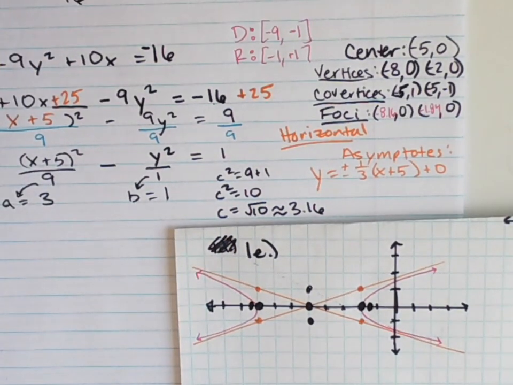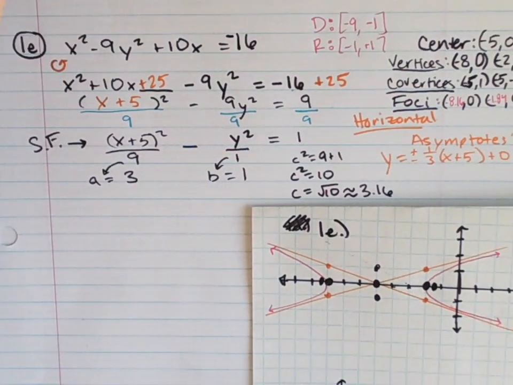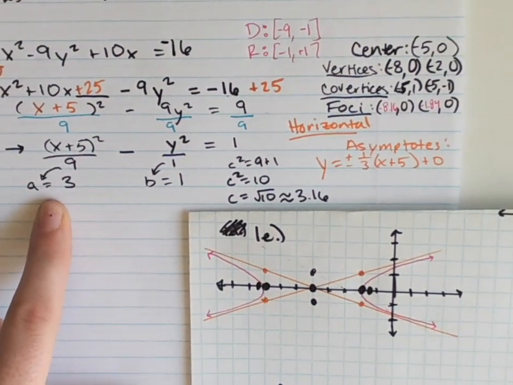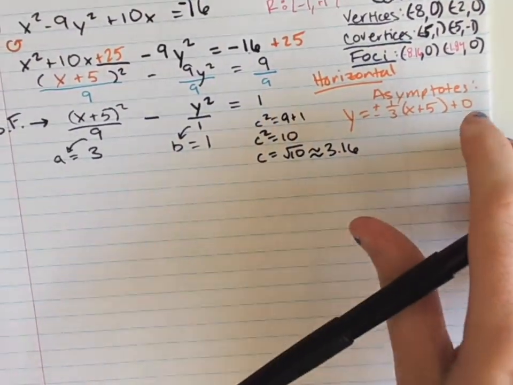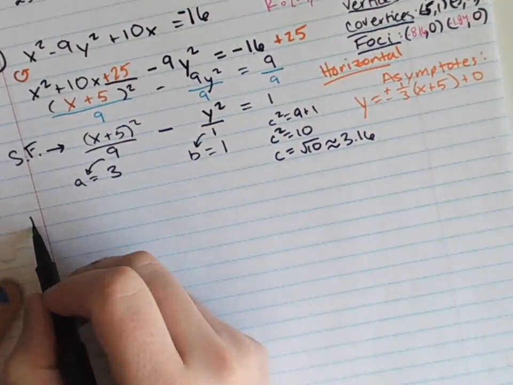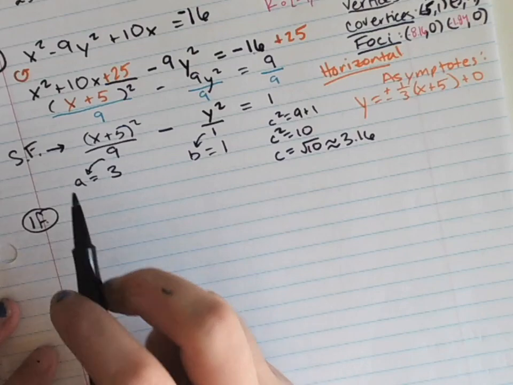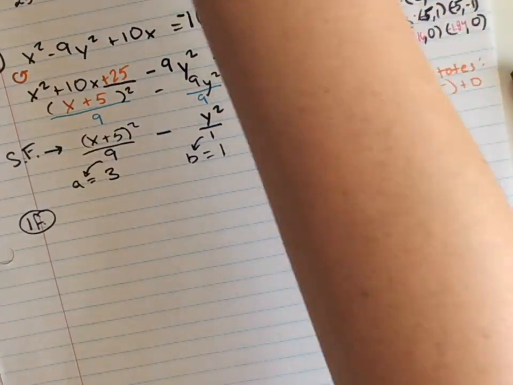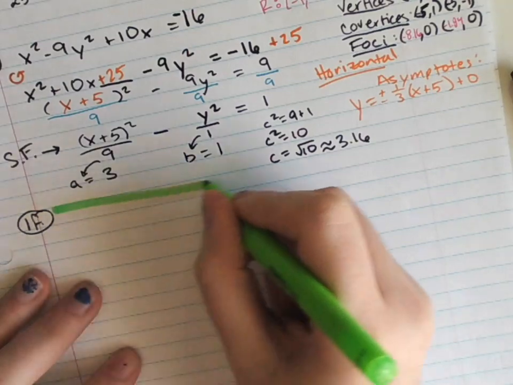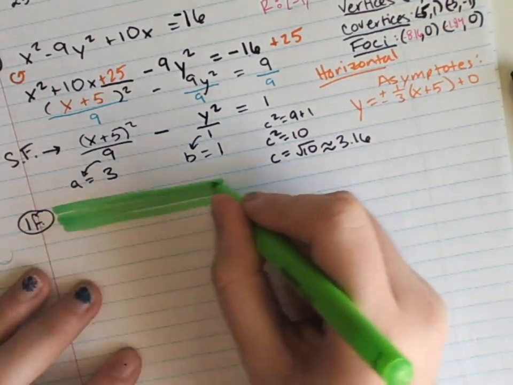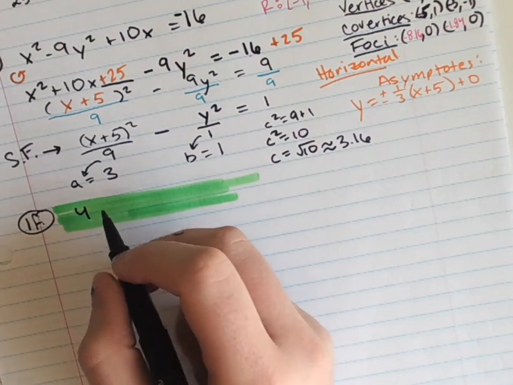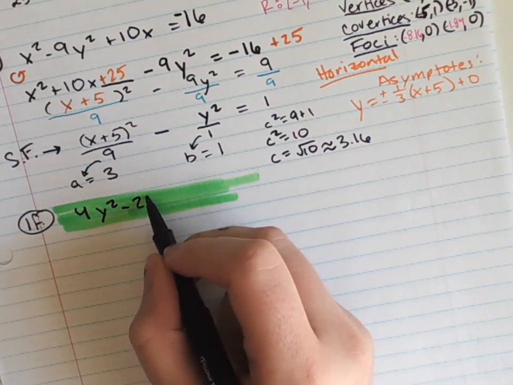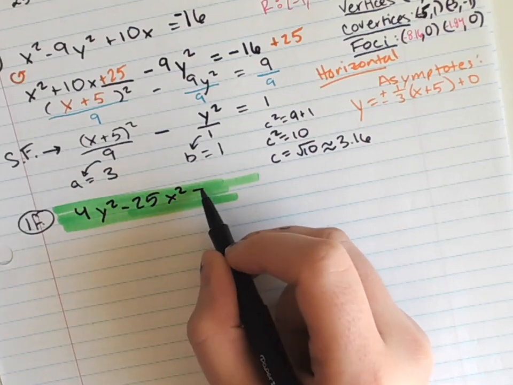Okay, so we got something given to us not in standard form. We put it in standard form. We identified all the important information, then we graphed it. Okay, so 1F for you is 4y² minus 25x² equals 100.